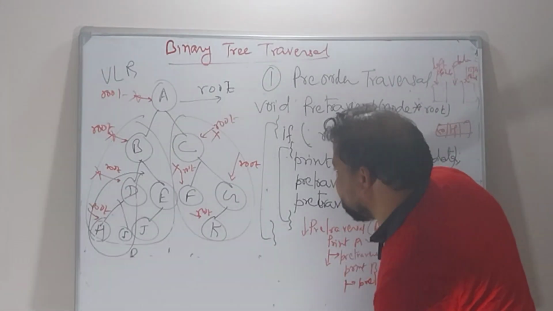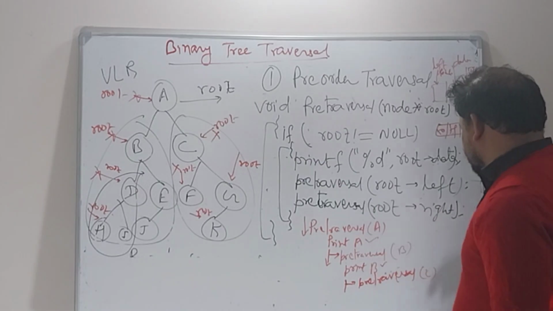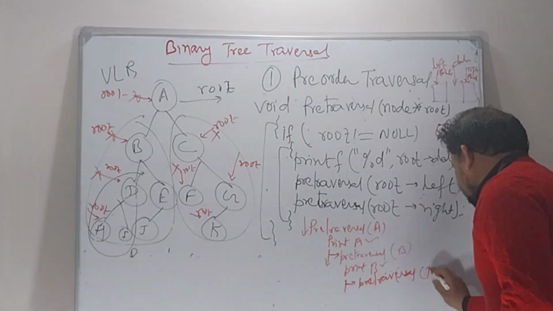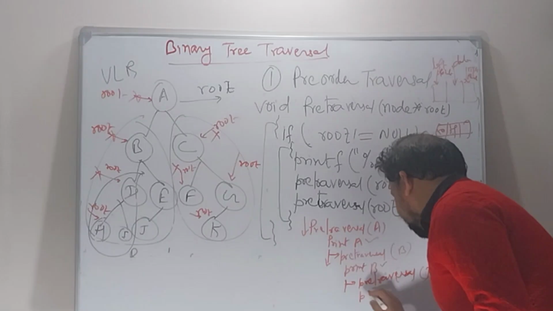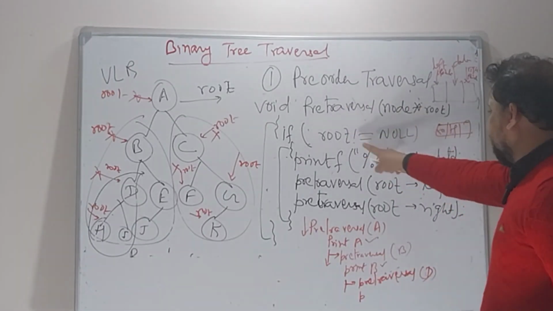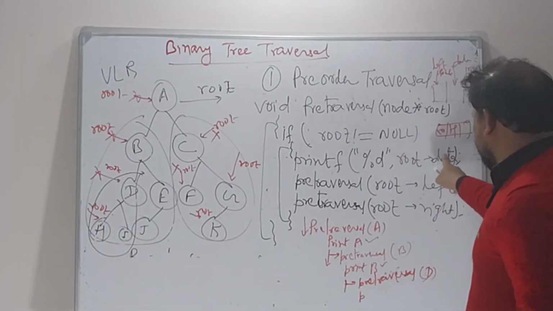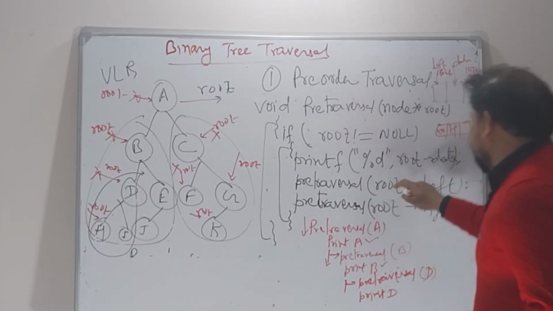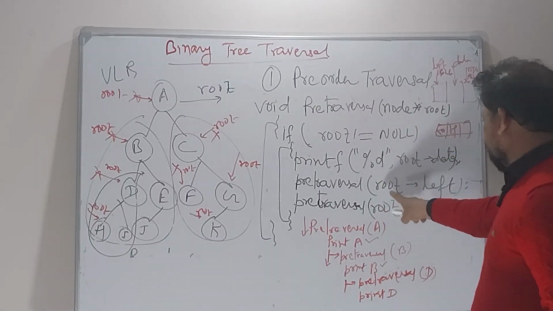It will check, no, it is D now, because in the left of A B it is D, so it will call D. Now print D, because for D once again it will come over here and check whether root is not equal to null. Not null. So print D. Now it will print D.